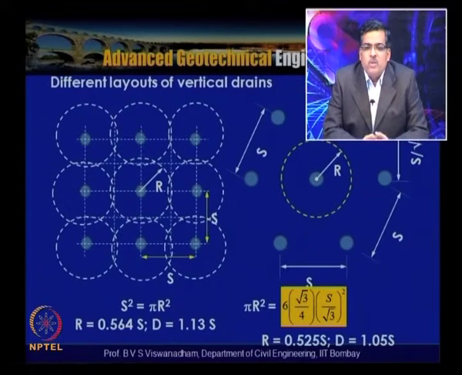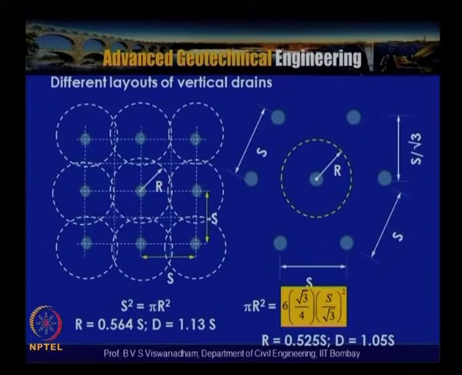For the square layout, the effective diameter d_e is equal to 1.13 s. In the case of the triangular layout, d_e is equal to 1.05 s. The procedure for calculating these was already discussed.